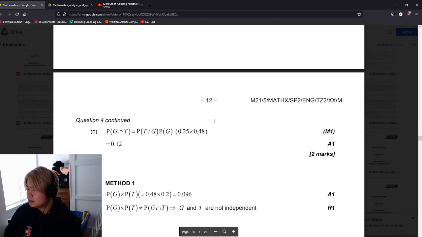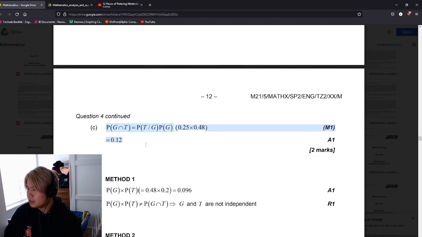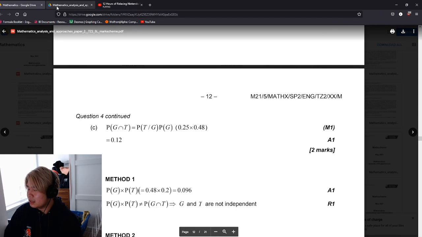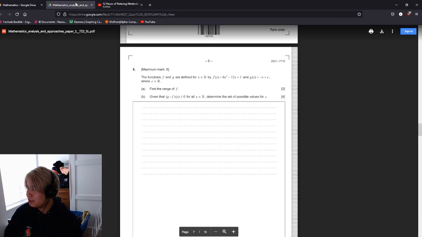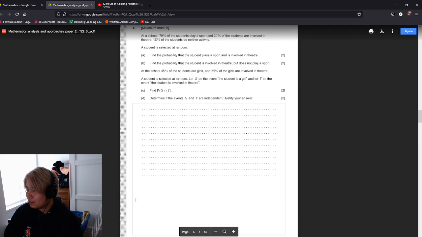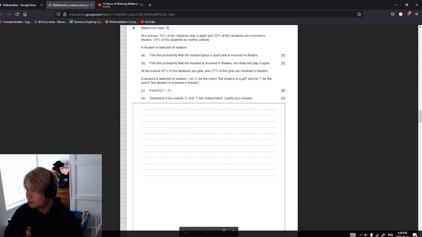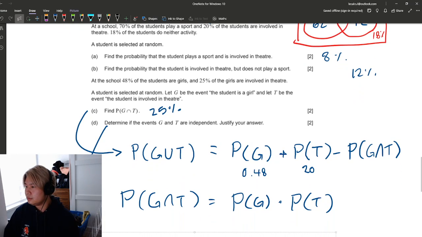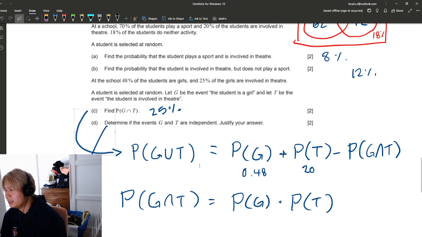Number C. Oh, okay. I thought this might have been the case. So let me explain what this mark scheme says. We'll revisit this one. So ignore this one. This is all not quite correct.